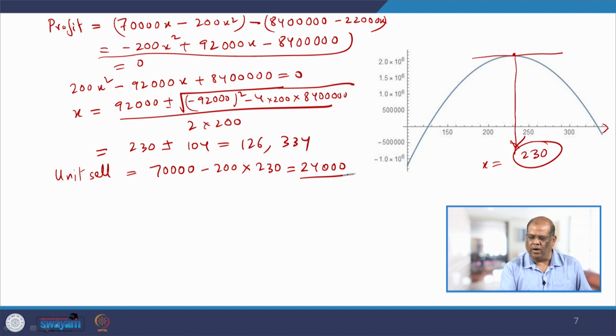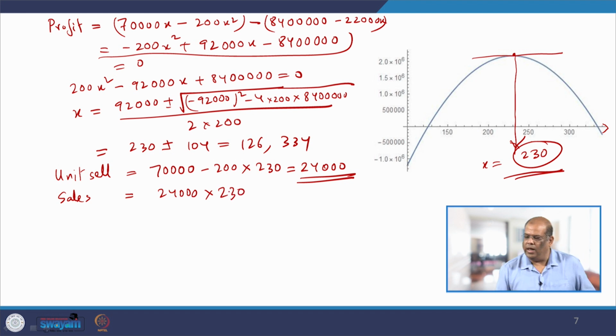So, this is the number which will bring you the maximum profit. And then the sales, that is 24,000 multiplied by the x value which you have determined, which is maximum at the vertex, and this gives you 5,520,000.